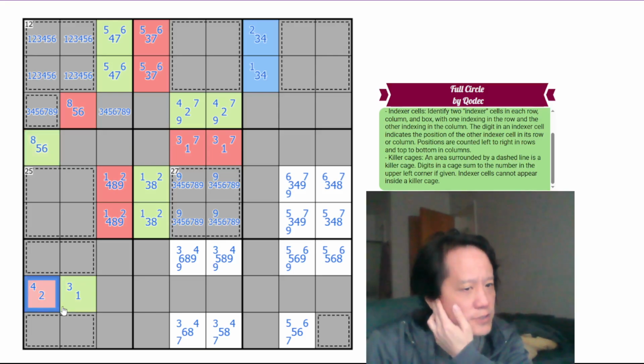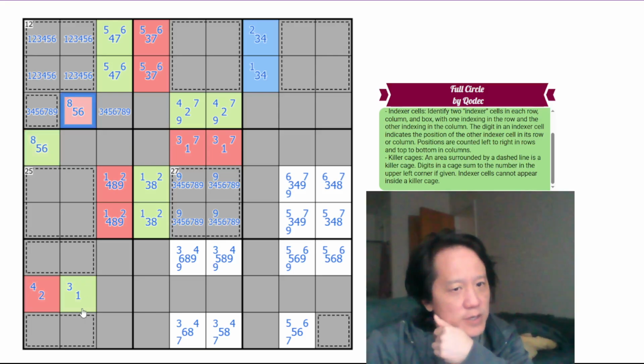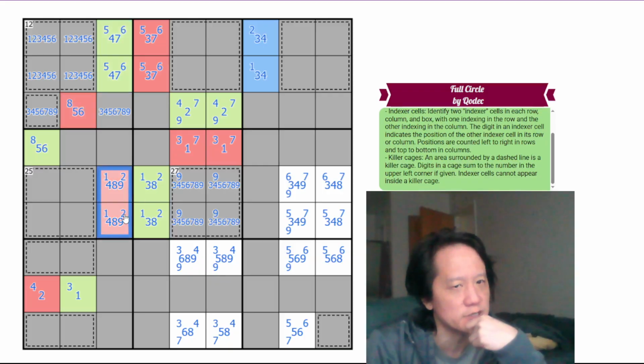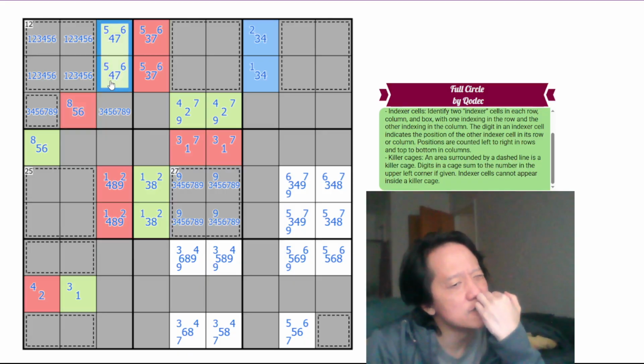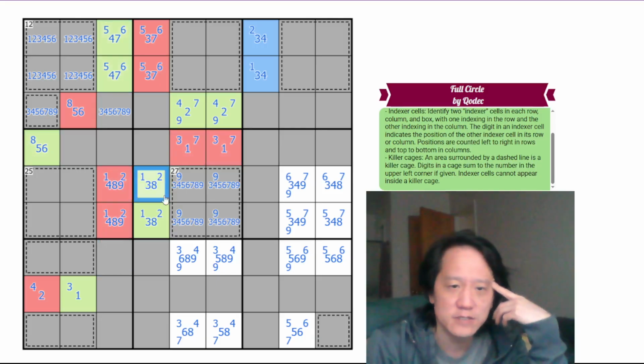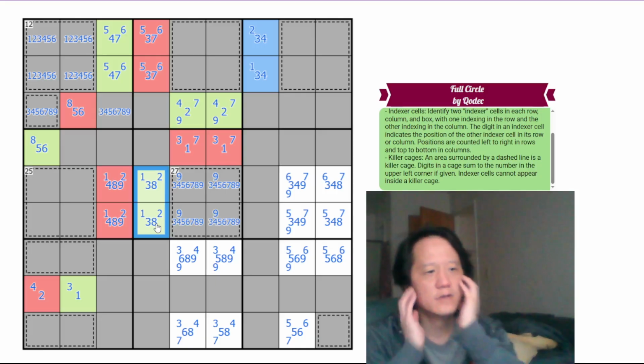These must be opposite here, same reasoning. These must be opposite here, so these are opposite here. Right? Or actually, that's not true. That is not true. This is the same. This is not, right? This is referencing, well, actually, this is not the same either.